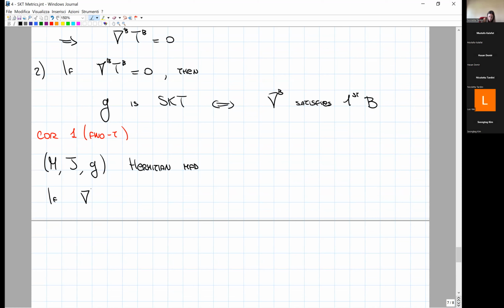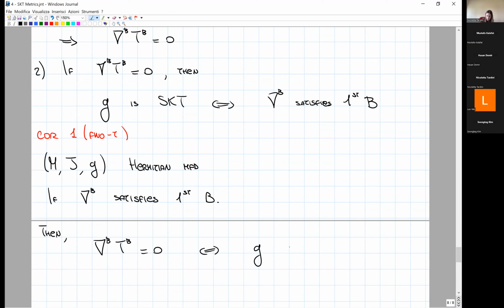If nabla B satisfies first Bianchi, then the torsion is parallel if and only if the metric is SKT. It's the first corollary, okay?